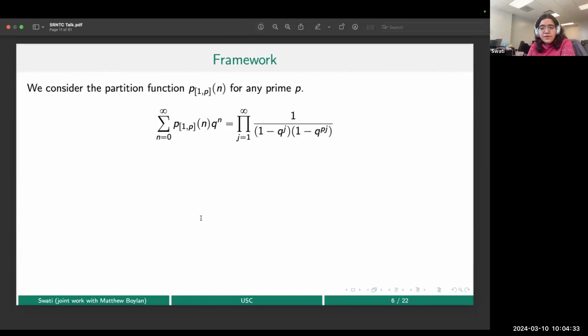So moving on to the framework of our work, we consider this partition function P1 P of n for any prime P, and the generating function is given by this infinite product.